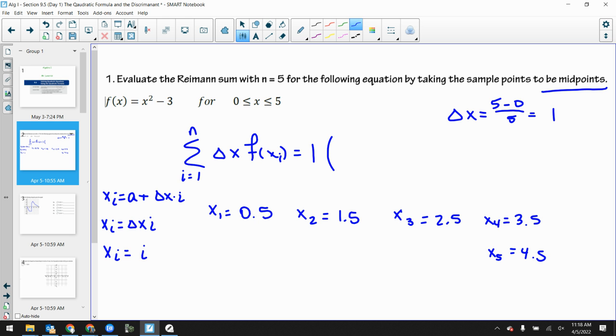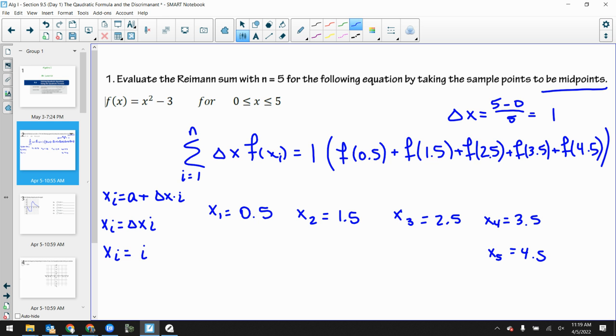All right, so now we have our 5 x values. I want to use f of x1, which is f of 0.5, right? F of 0.5 plus f of 1.5 plus f of 2.5 plus f of 3.5 plus f of 4.5.